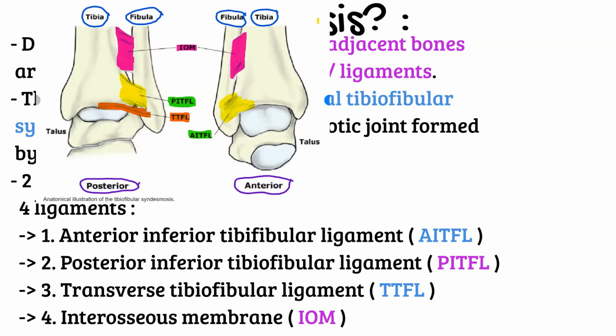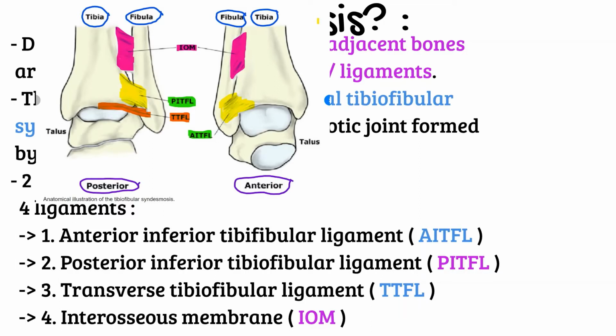The four ligaments are 1. The anterior inferior tibiofibular ligament, AITFL. Number 2. The posterior inferior tibiofibular ligament, PITFL. Number 3. The transverse tibiofibular ligament, TTFL. And number 4. The interosseous membrane, IOM.